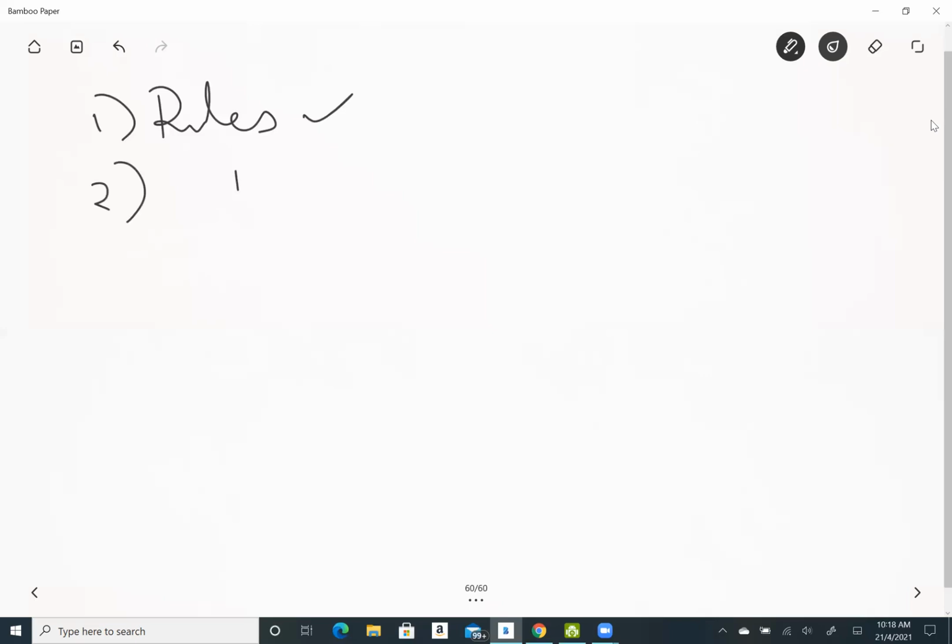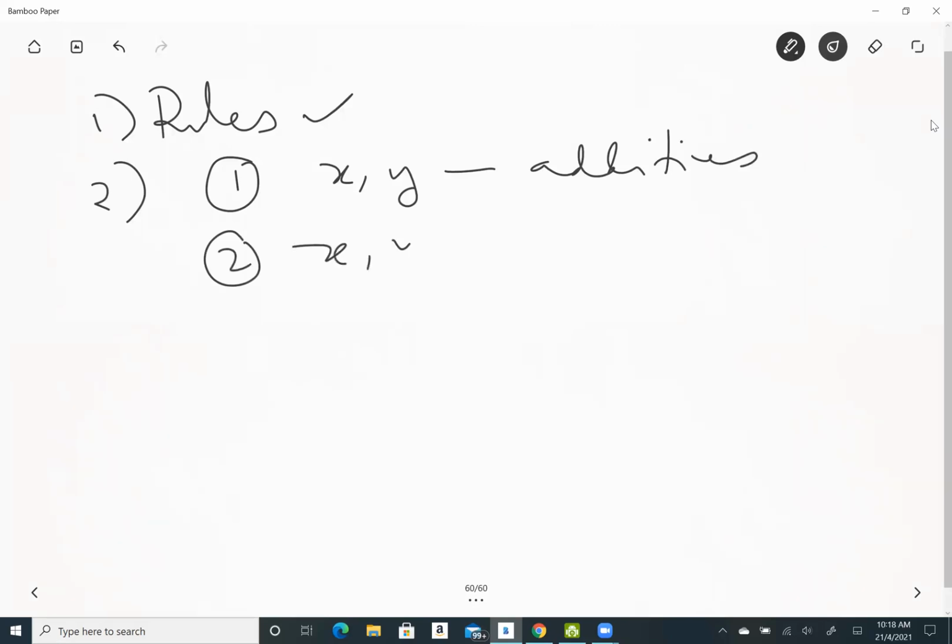One, where the x and y, the independent variables, are additive. The other type of function, where x and y are multiplicative.